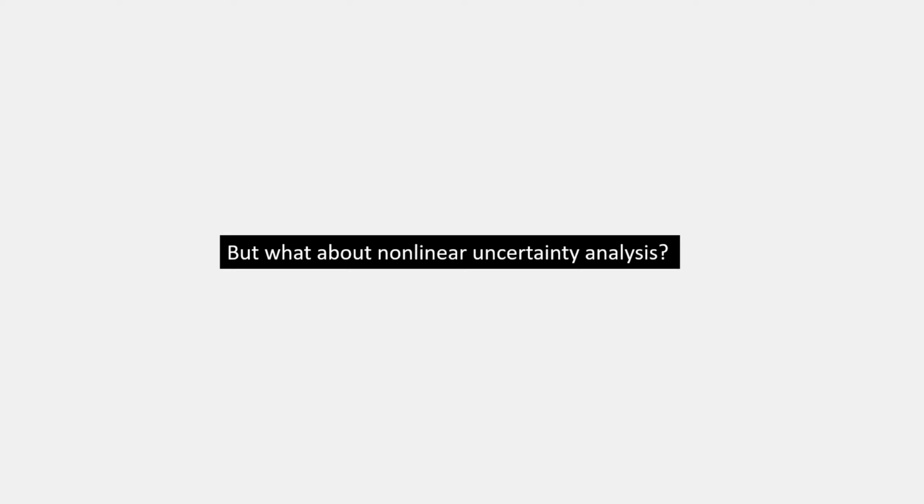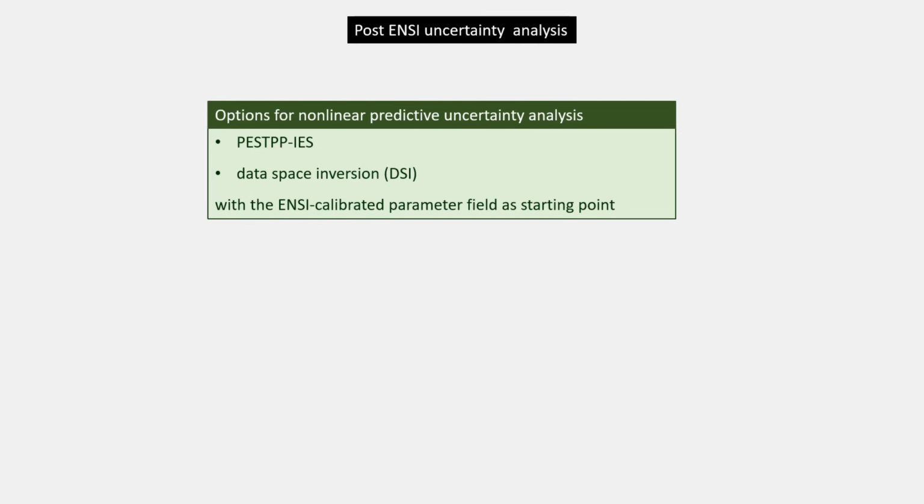But what about nonlinear uncertainty analysis? As we've talked about a lot in this series in other videos on the GMDSI website, when we're doing decision support modelling, it behoves us to quantify the uncertainties associated with decision critical predictions. Well, we have other methods available that will allow us to do that.